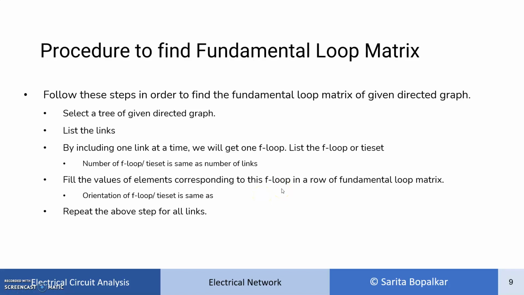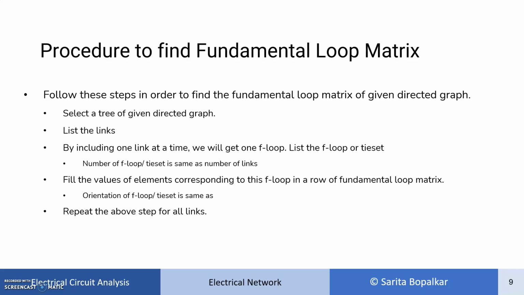The elements are 1, -1 and 0, same as the loop matrix. The only change here is the number of rows is the same as the number of Tiesets or F loops, and the number of columns is the same as the number of branches. In loop matrix, we considered all the loops present in your graph and the columns are the same as the branches.